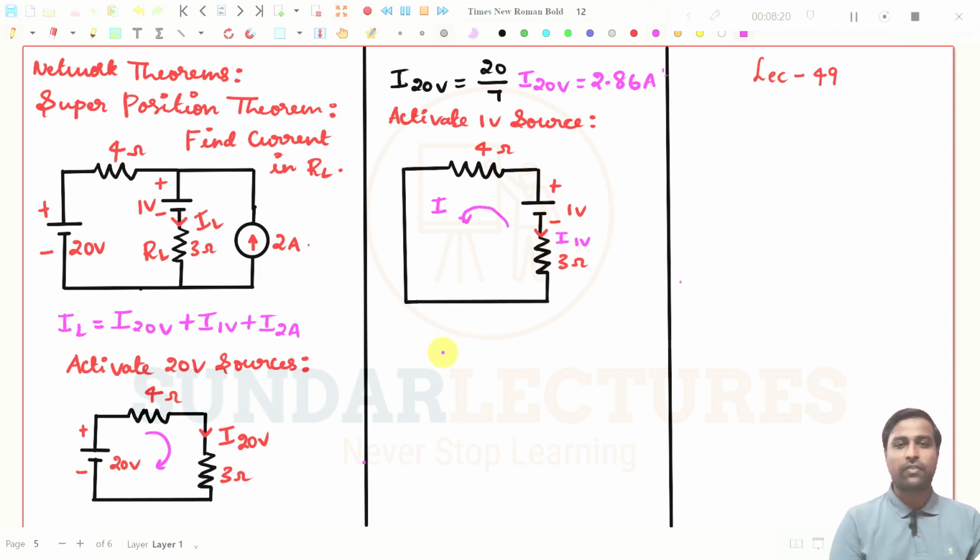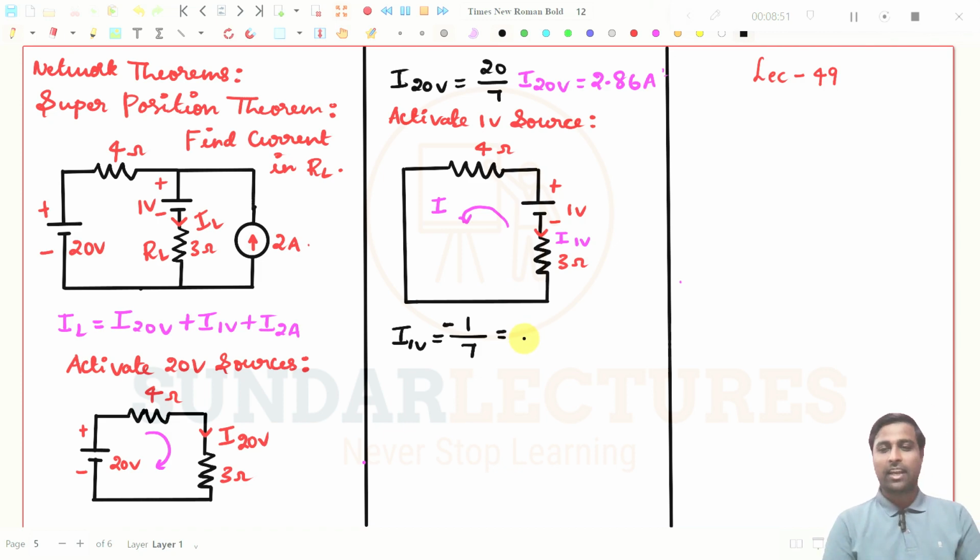So to find the current due to the 1 volt source, there are only 2 resistances, 7 ohms in a single loop, so it will be 1 by 7. But the total current would have been in a negative way, so I have to put it in the negative direction.